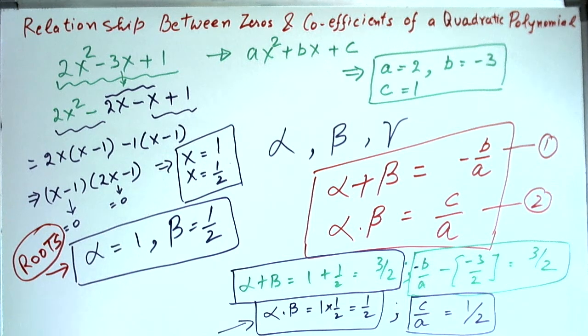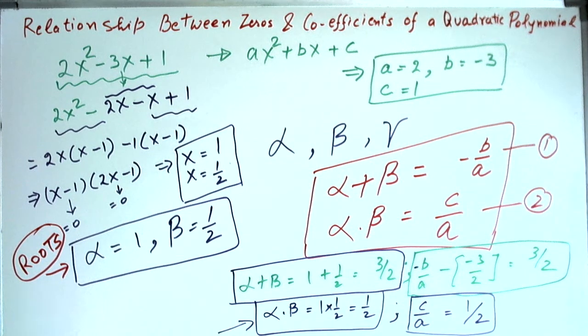You will use the relationship that alpha plus beta is equal to -b by a and alpha into beta is equal to c by a, and then you will try to determine the values of a, b and c. Again, for given roots there could be more than one polynomial which satisfies the condition. So don't get unduly concerned if your answer does not tally, because there can be more than one polynomial which can satisfy that condition.